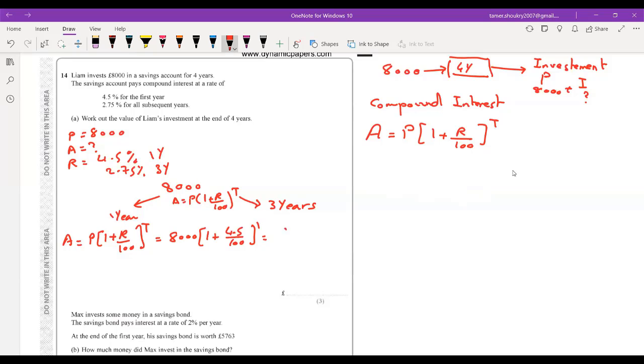This is going to give me 8,360 sterlings. So this is her investment after 1 year.